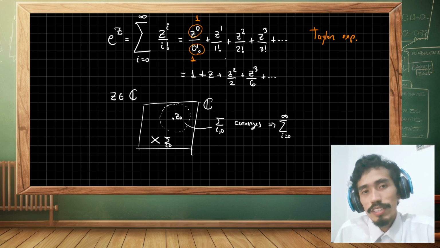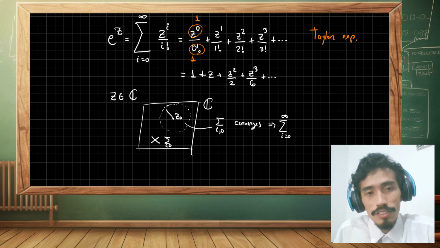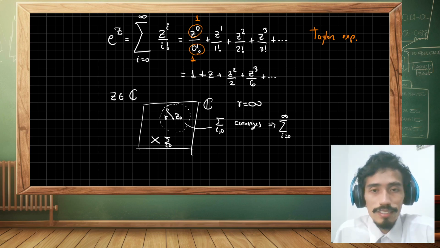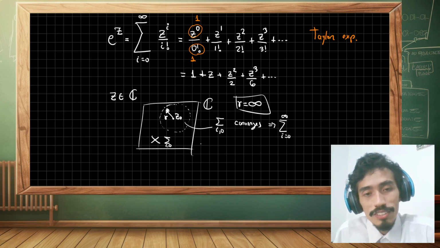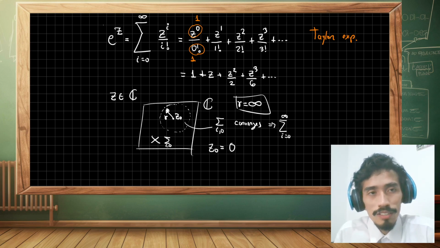So the thing is that for the complex exponential, this radius of convergence is infinite. So the neighborhood that we take will cover the whole complex plane. So to make things easier, we take zeta naught, the center, to be 0, and so you can write it like this.